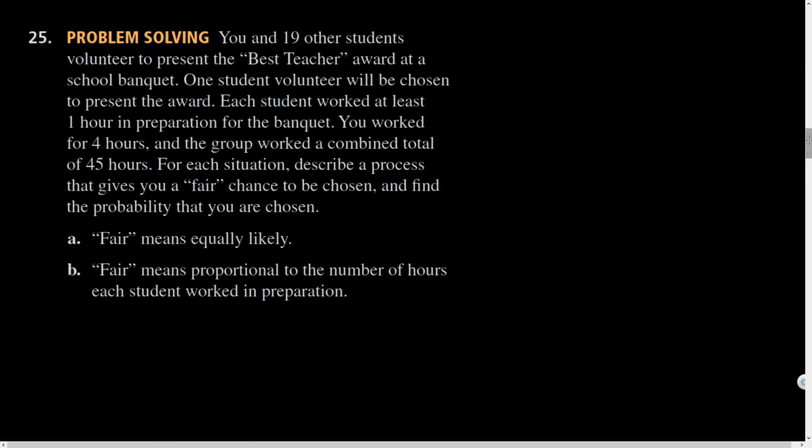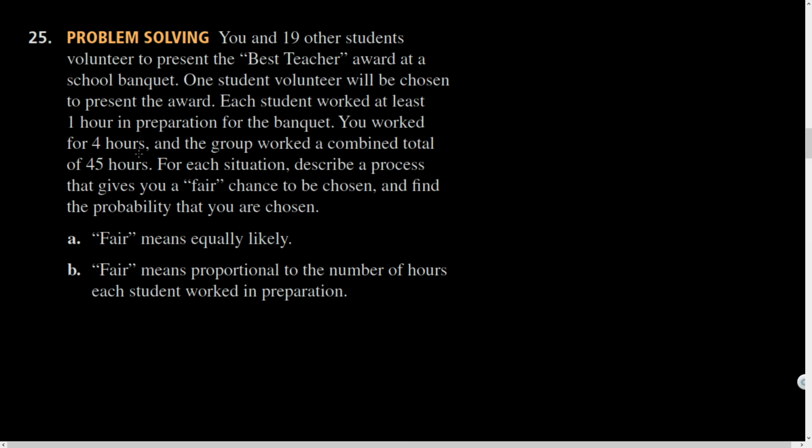Okay, here we go. Question 25. I really liked this question. Gets you thinking. You and 19 other students volunteer to present the Best Teacher Award at a school banquet. One student volunteer will be chosen to present the award. Each student worked at least 1 hour in preparation for the banquet.